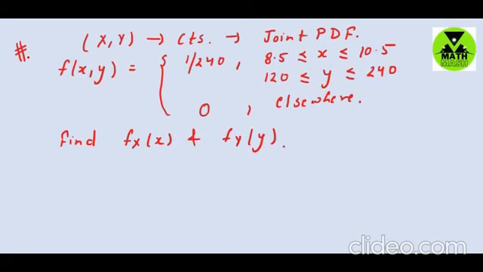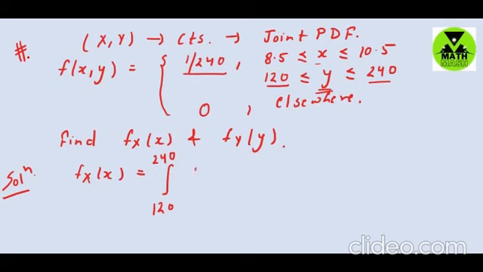So for the marginal density of x, that is fx of x, since it is a case of a continuous random variable, we'll use integration. For the marginal density of x we integrate over the y values, and here y is taking values 120 to 240. The joint function f of x comma y is 1 by 240, so integrate 1 by 240 with respect to y.